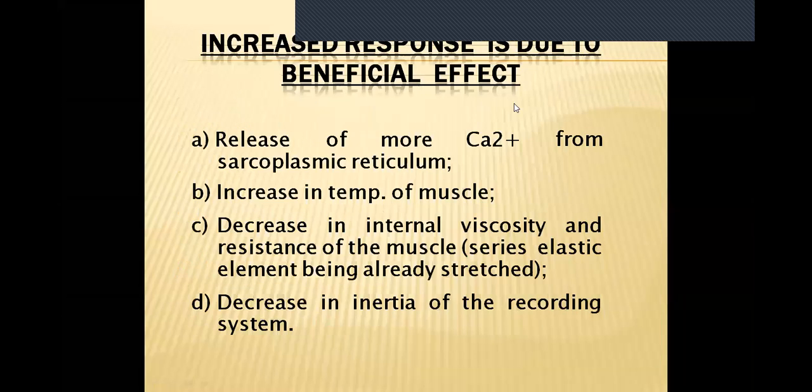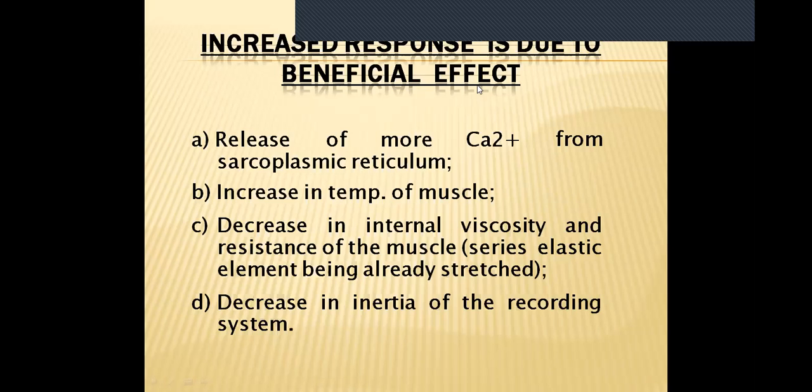And the reason for the beneficial effect of this summation is the release of more calcium ions into the sarcoplasm from the sarcoplasmic reticulum. Due to the second stimulus, the second action potential, a lot of calcium ions will enter the sarcoplasm.